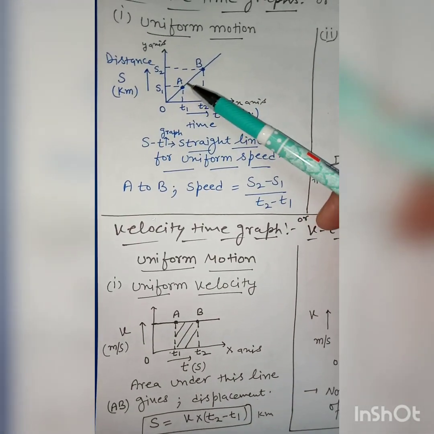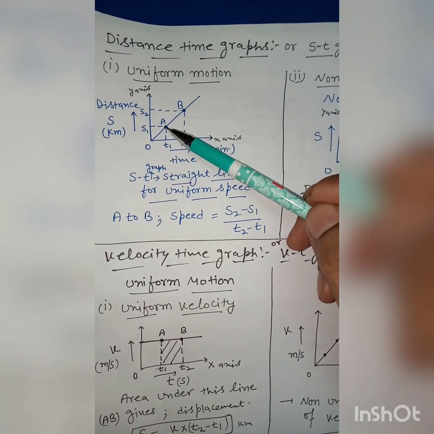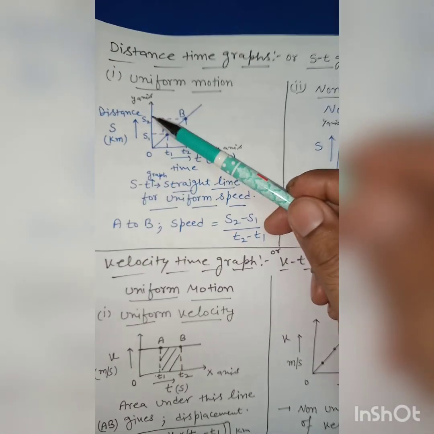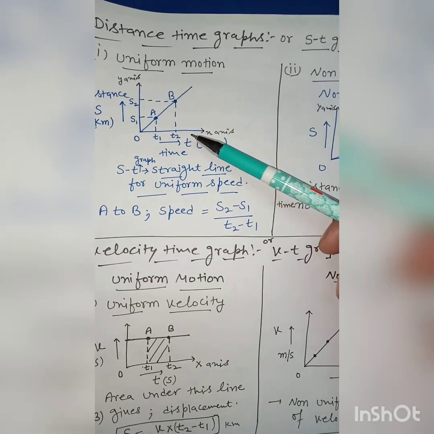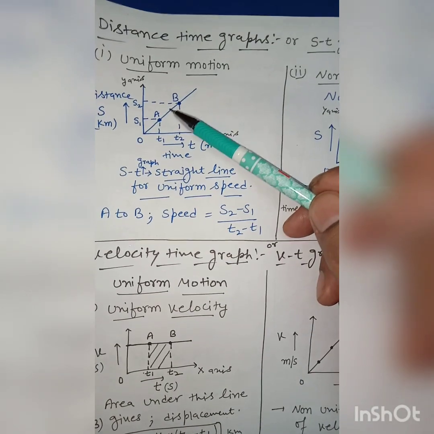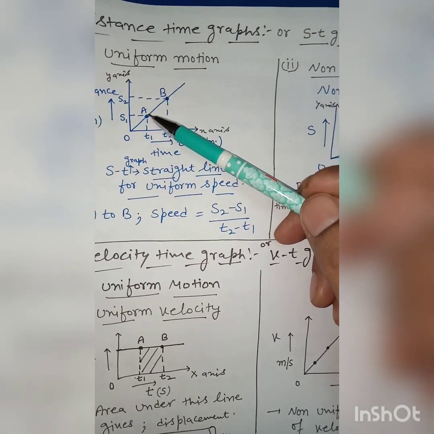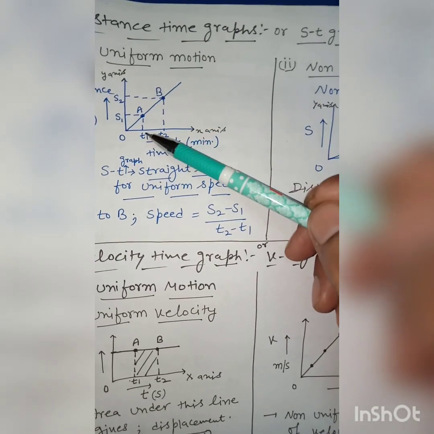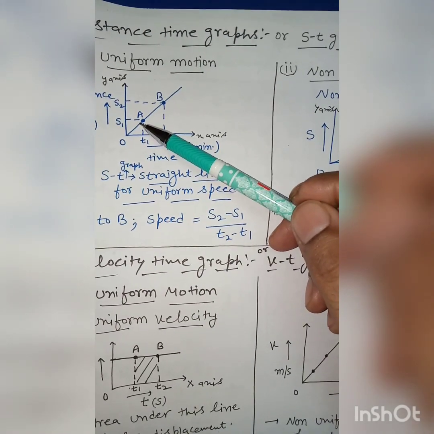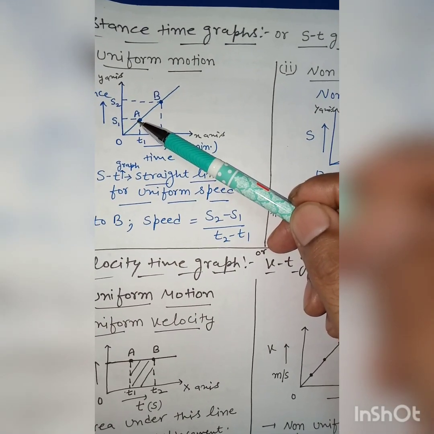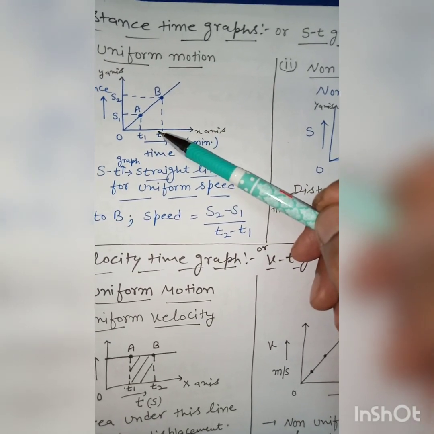So from this graph, from A to B, speed will be s2 minus s1 upon t2 minus t1, because the distance covered between A and B is s1 to s2, in time t1 to t2. S2 minus s1 is the total distance, upon t2 minus t1, the total time.